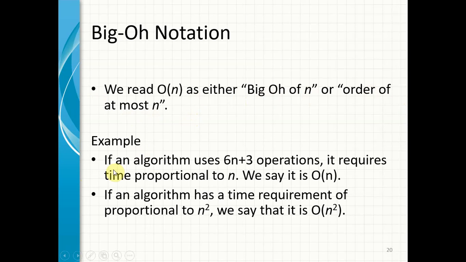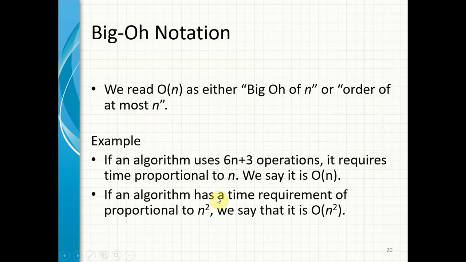Just to give you an example before I go into detail: if an algorithm uses 6n plus 3 operations, it will require time proportional to n. We say it is O(n).